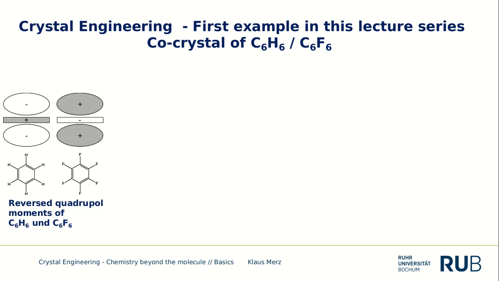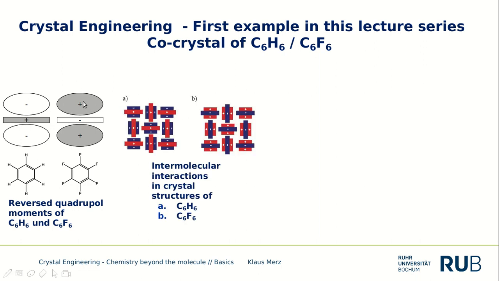So, in this case, this is positive. Can we use it? We can use it. Once again, this is the crystal packing, the crystal structure of benzene, and this is a figure of the crystal structure of hexafluorobenzene.